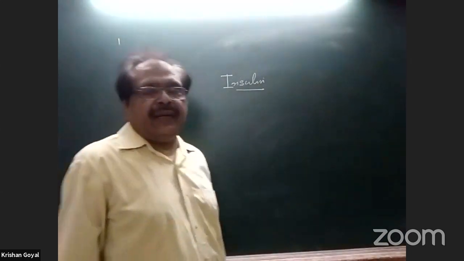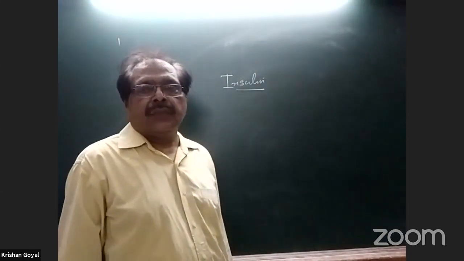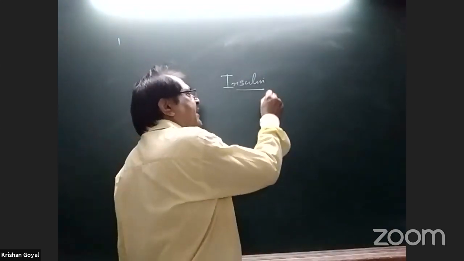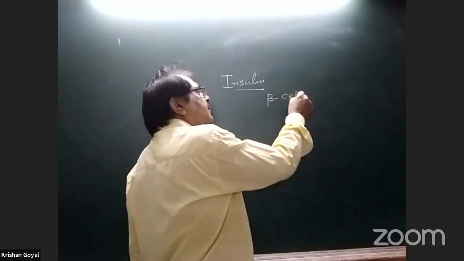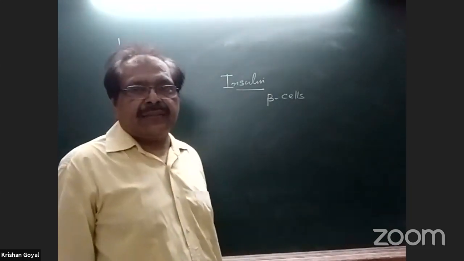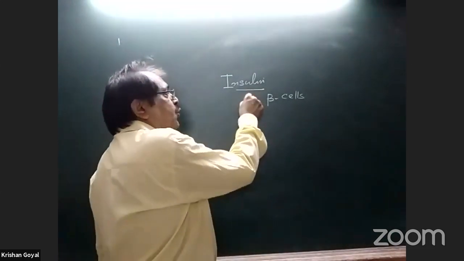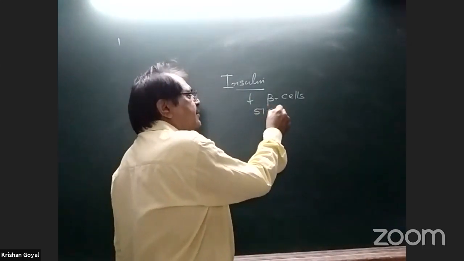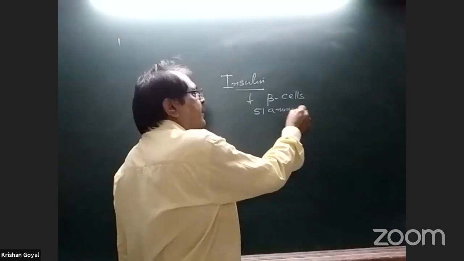Insulin is a protein which is produced by the beta cells of islets of Langerhans in the pancreas. And one molecule of insulin contains 51 amino acids. Remember.